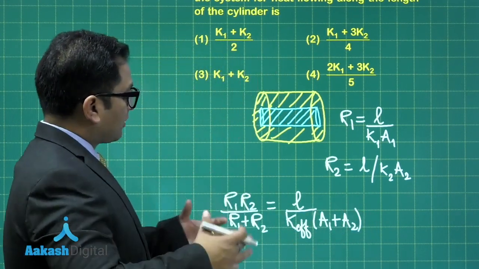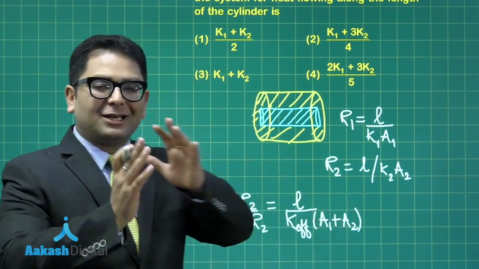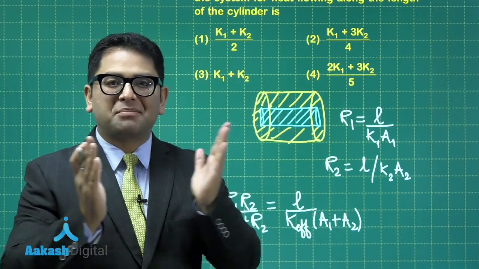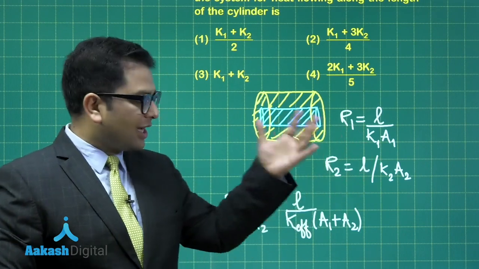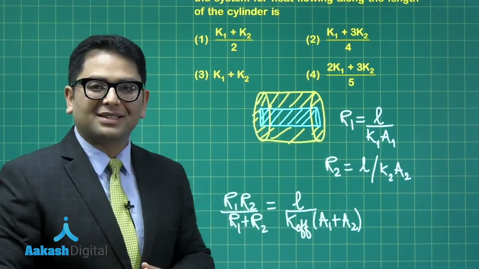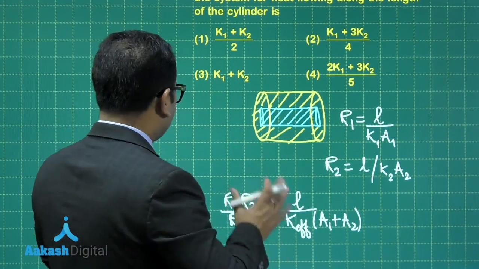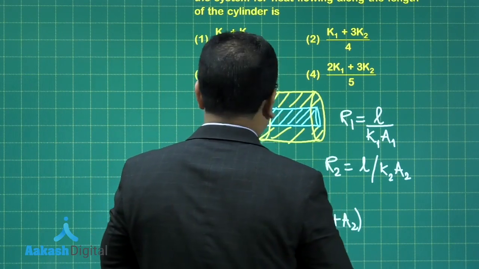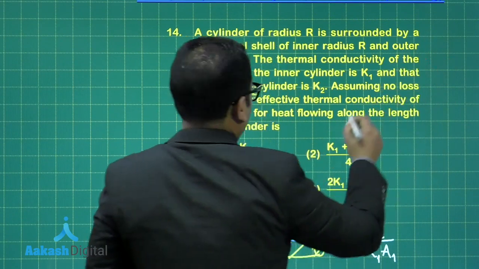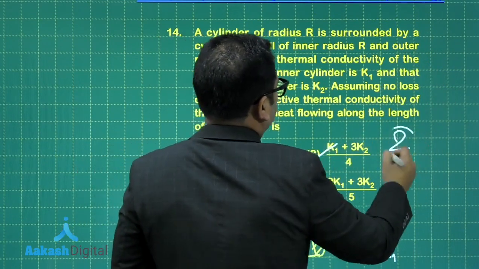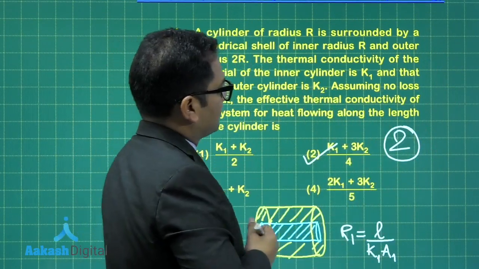Because when you talk about K effective, you assume that the entire thing is homogeneously made of a single medium. So length is L and K effective and the area would be A1 plus A2. A simple calculation. It doesn't require very tough calculation. And when you solve this, you would get option number 2 as the correct option for question number 14.